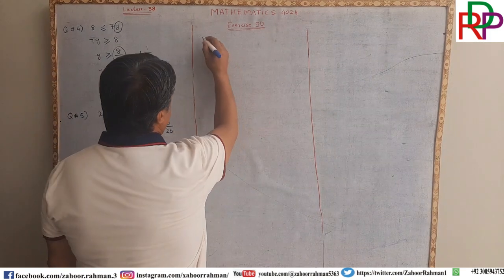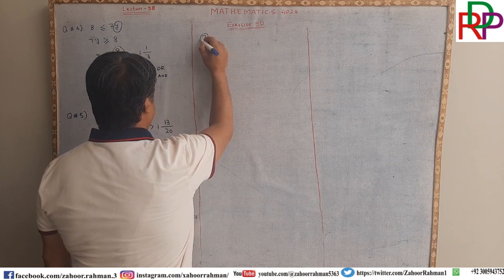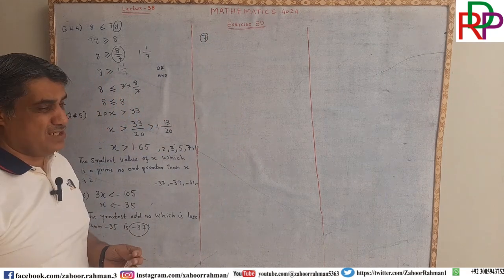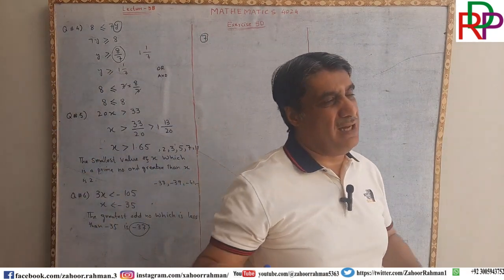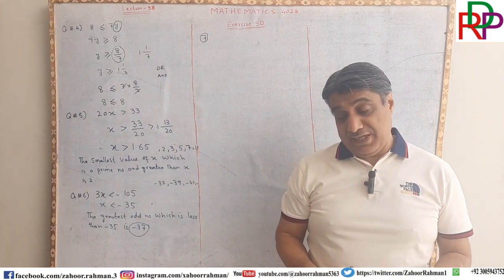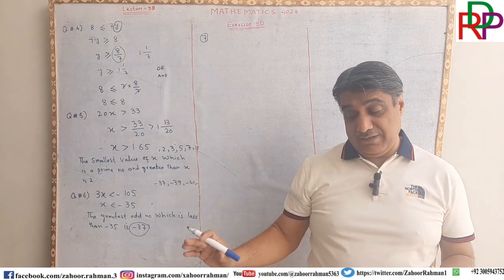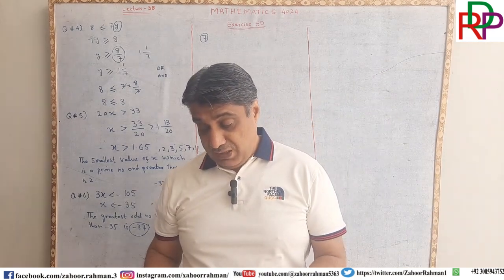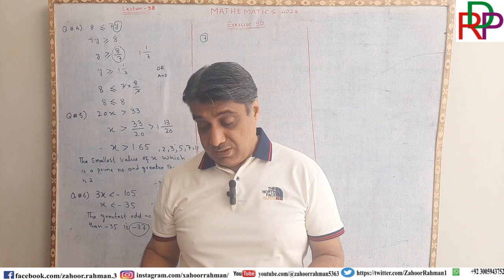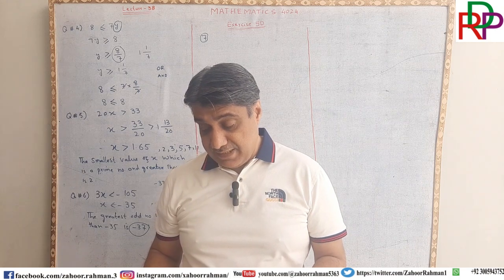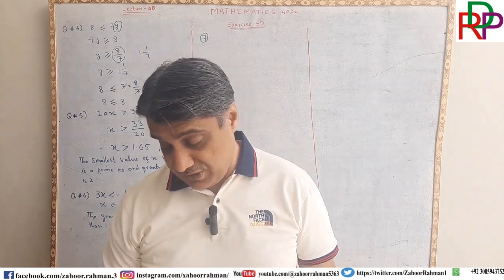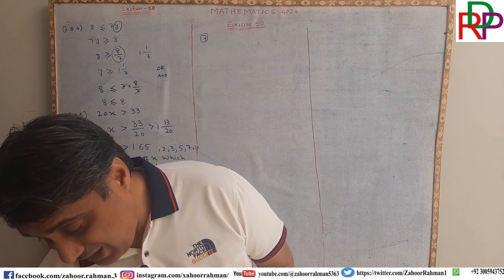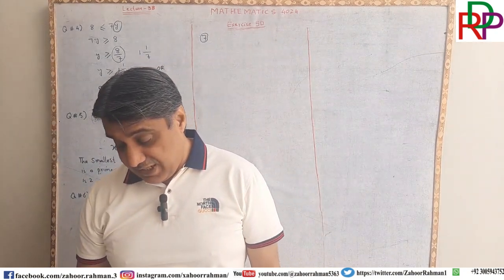Now there is an advanced question, and this advanced question is very important for the upcoming inequalities which will be in book number 2. So we have to clear our basic concept on this question. In this question, there are two inequalities given.